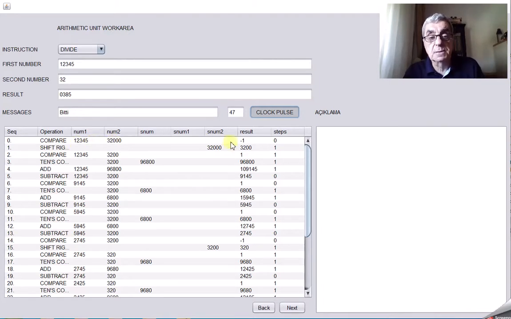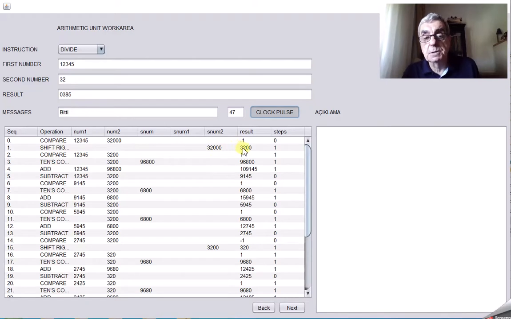It looks like the second number is greater than the first number, so there's no need to do any division, and we move the second number to the right, removing 1 zero, as I have shown in the shift right operation.